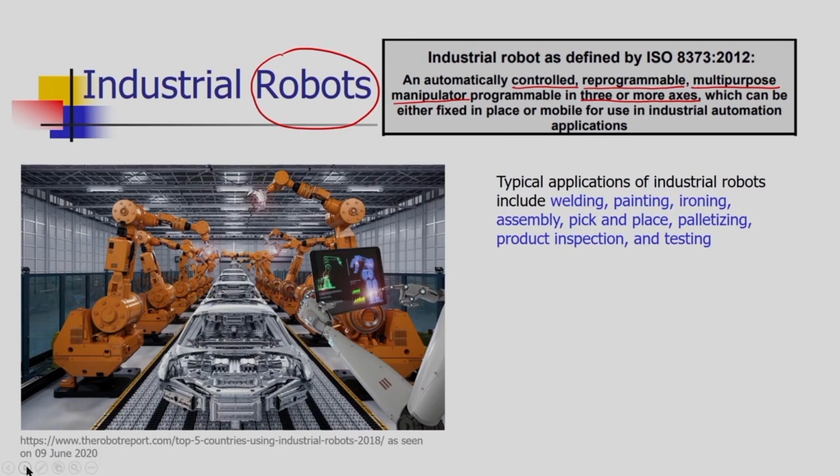So, various applications of industrial robots are in welding of the structures, mainly in the automobile industry, painting of the products, ironing. This is a very useful application in the textile industry. Assembly is a very useful application in all manufacturing processes. Pick and place is a material handling operation.